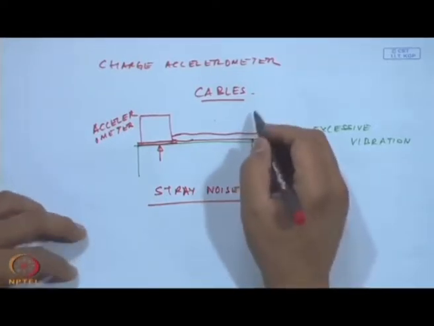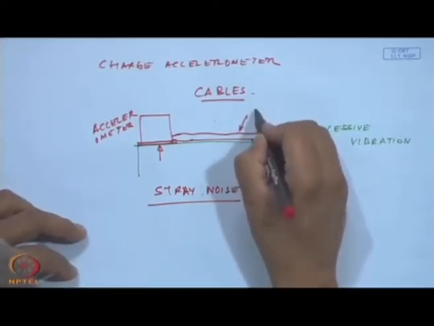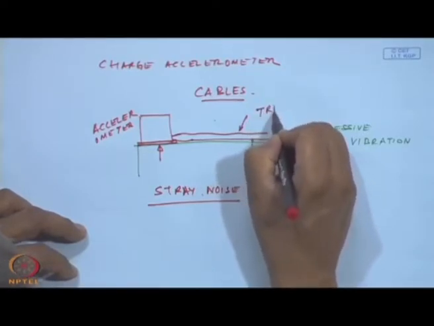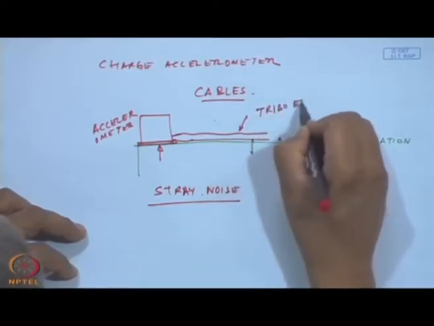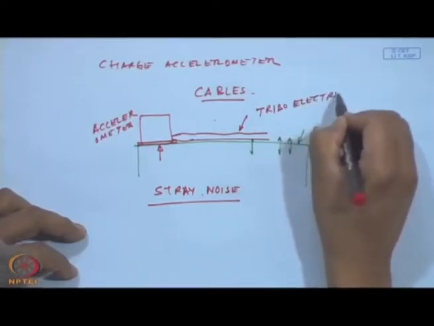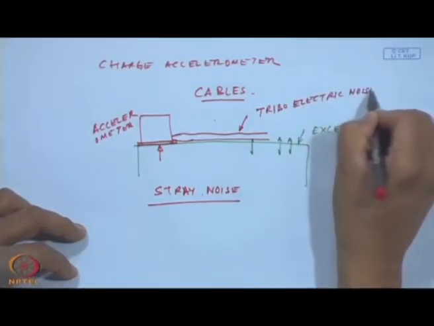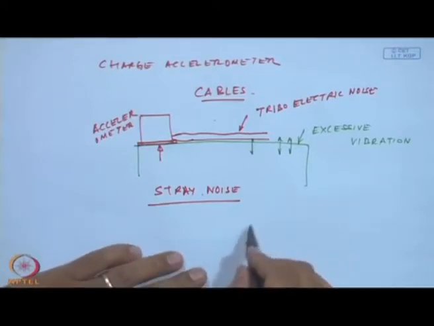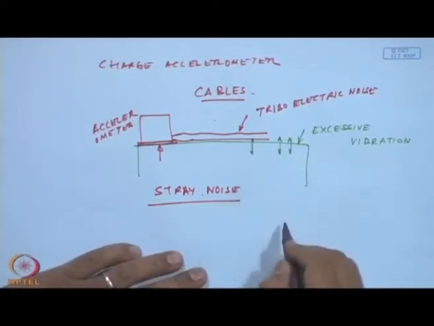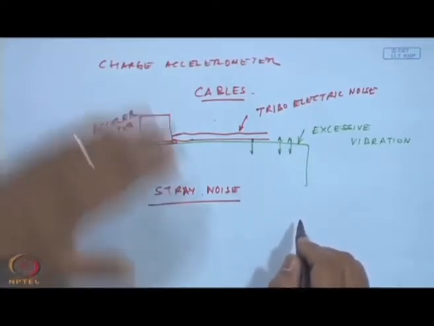So, these cables are very special cables, okay, and they reduce what is known as the triboelectric noise, and a good way to do that, to reduce triboelectric noise, is to ensure that the cables do not whip around or slash around. Okay.